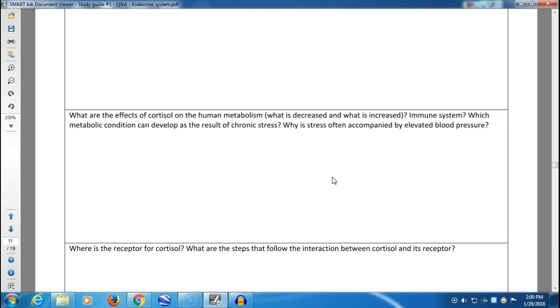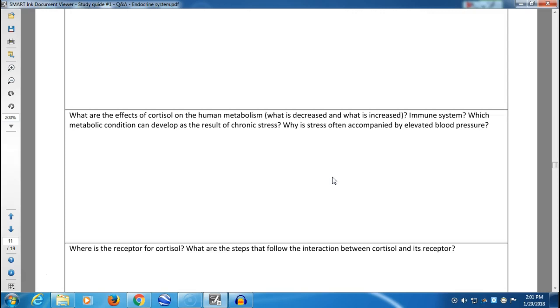Will it stimulate glycolysis, the breakdown of glucose in the cells? If it elevates blood sugar, will it stimulate glycolysis? No, but it will stimulate glycogenolysis and gluconeogenesis. Does that make sense?